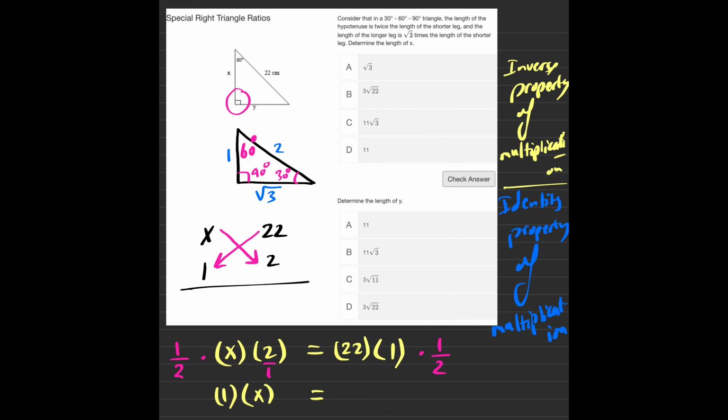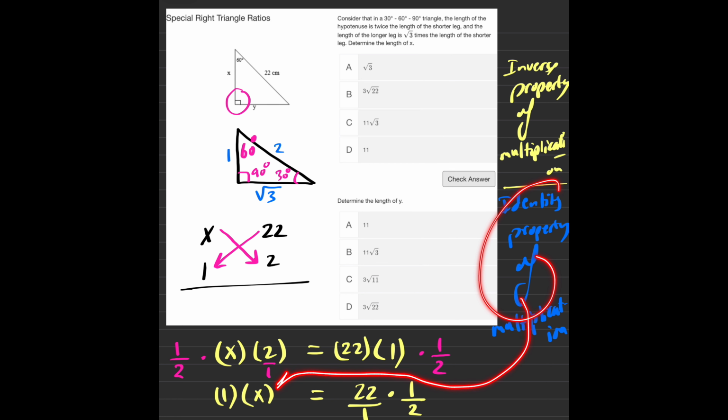So we have here 22 times 1, which is 22. So the answer will be 22 times half. We can write 22 as 22 over 1. Now we can use the identity property of multiplication again with the x times 1. We end up with x.